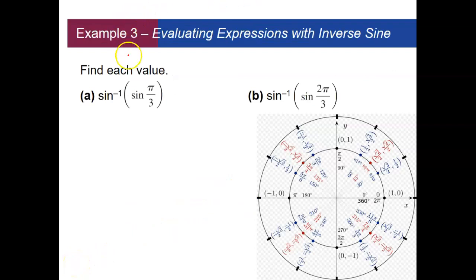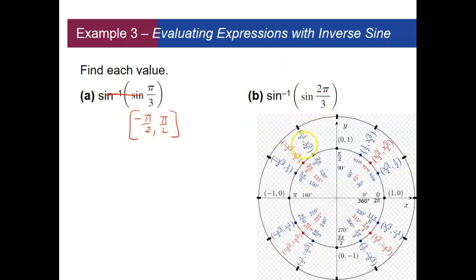Using our cancellation properties, here we're going to do the inverse sine of the sine of pi over 3. We need to make sure that we're between negative pi over 2 and positive pi over 2, and pi over 3 does fit in that interval. Because it fits, we get that cancellation. If we look at this same interval, 2 pi over 3 is not in it.